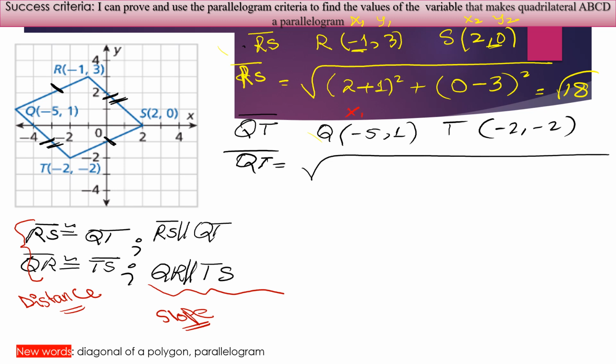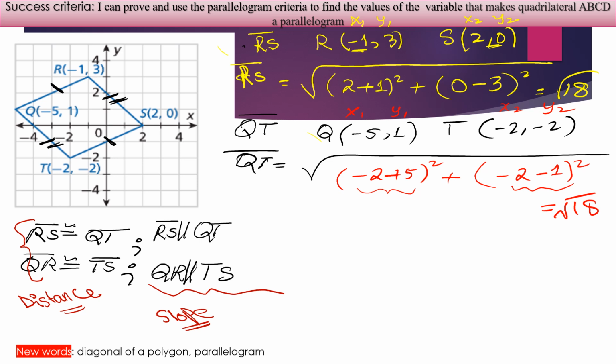So x2, negative 2, minus x1, negative 5, so negative, negative, positive 5... sorry, positive 3, squared, plus y2, negative 2, minus y1, 1, whole square. So that gives us 3 squared, that is 9. This gives us negative 3 whole square, which gives us 9. So 9 plus 9, answer is 18. So we have proved that RS is congruent to QT.